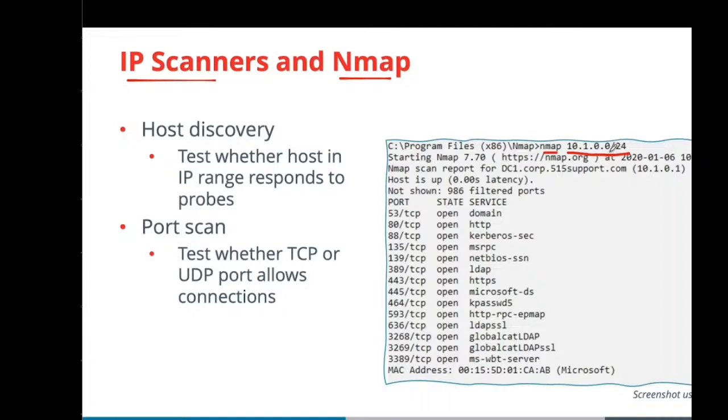So in all the machines, all the TCP ports that are open will be listed over here, just like the output you can see on this screen. This is how we do port scanning using Nmap.